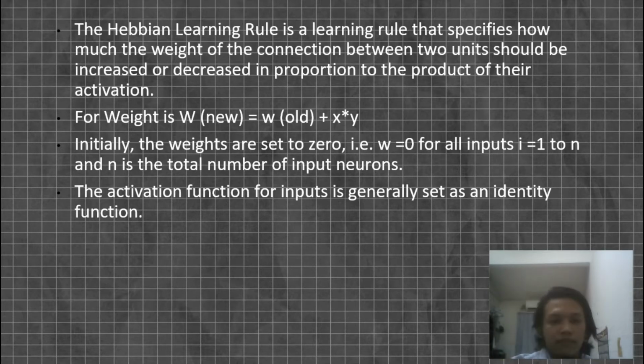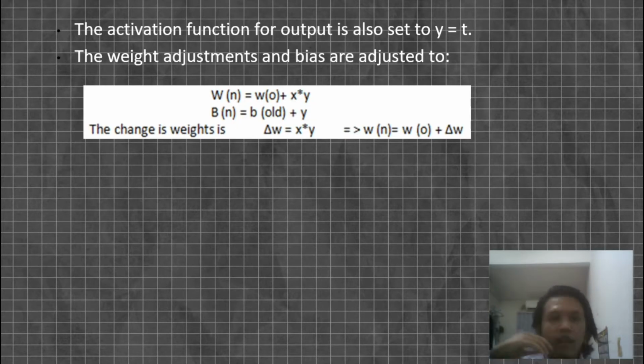The activation function for the input is generally set as an identity function. The activation function for the output is also set to Y equals T. The weight adjustment and bias are adjusted to W new equals W old plus X times Y, which is repeated as I mentioned.